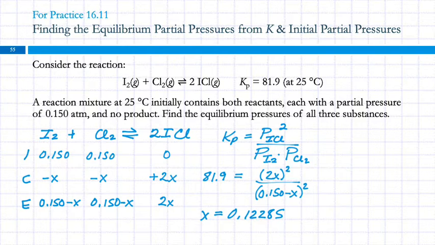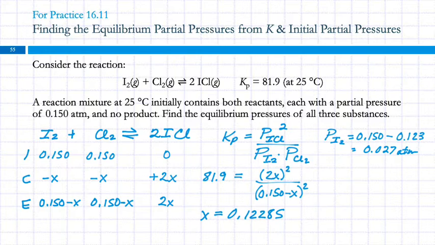So the pressure of I2 is going to equal 0.150 minus, I think I'll just round that to 0.123, 0.027 atmospheres.